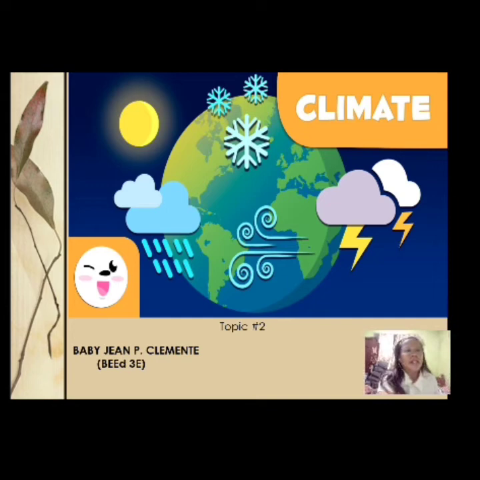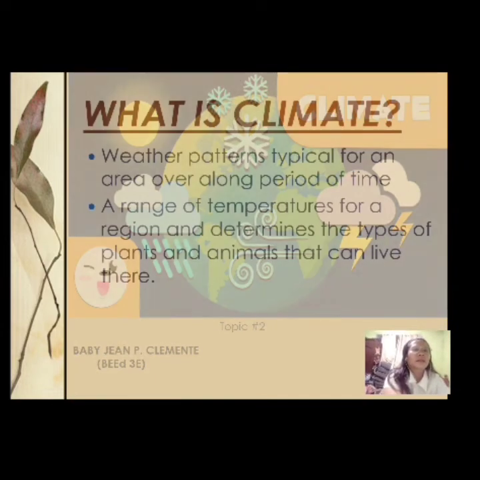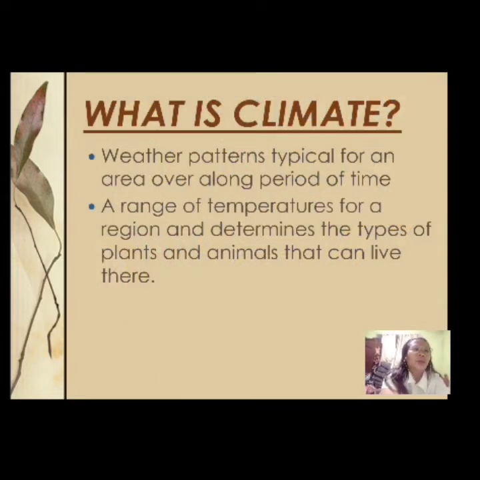So, my second topic is about the climate. So, what is climate? It is the weather patterns typical for an area over a long period of time. It is a range of temperatures for a region and determines the type of plants and animals that can live there.